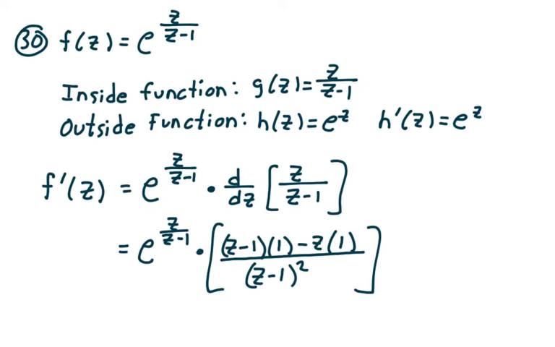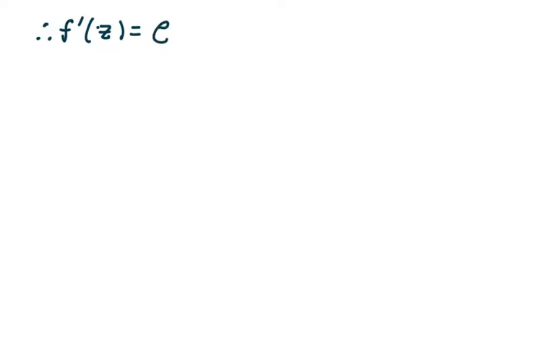f prime of z is, I'm going to get e to the z over z minus 1 and I'm going to multiply by negative 1 over z minus 1 to the second.